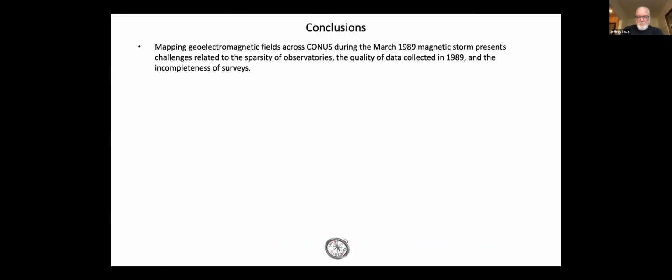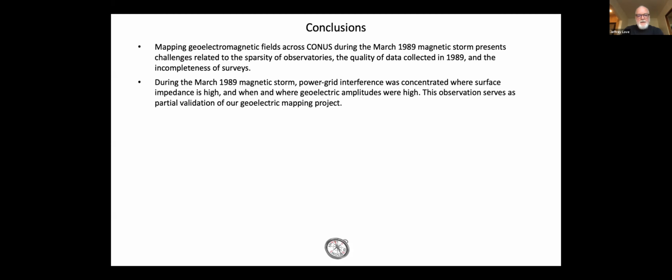We know we have some problems there for this particular storm, but in terms of looking at the anomalies for this particular storm, we still do a pretty good job of estimating the electric fields and understanding where the electric fields are high and where they're low, and seeing the correlations of those maps with the anomaly maps. We can see very clearly that power grid interference was concentrated where surface impedance is high and where and when geoelectric amplitudes were high.